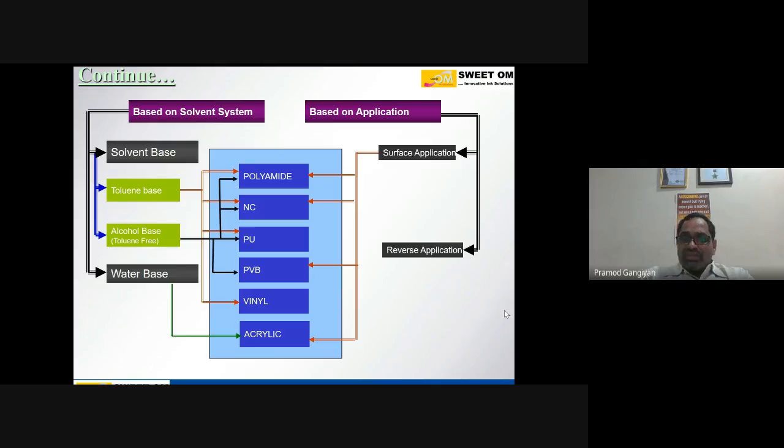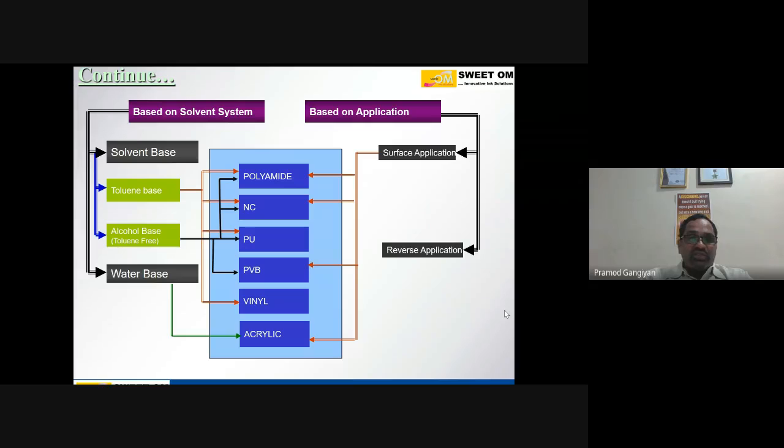Coatings can be described as surface application as well as reverse application. Whenever we are talking about hard surfaces, or metallic surfaces, or opaque surfaces, whether it is metal, wood, masonry, or walls, they are hard surfaces and opaque surfaces, right?